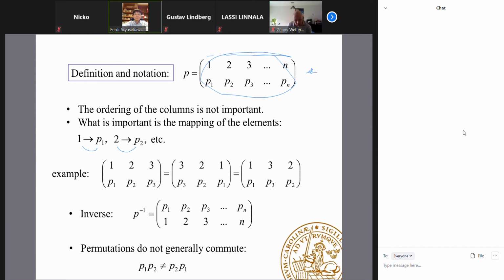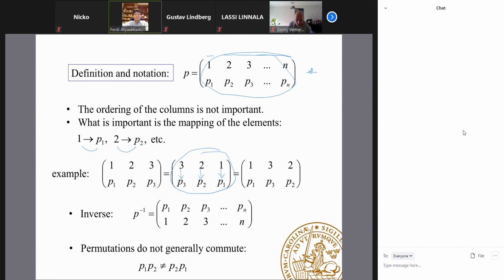Let's look at an example with 3 objects. Then this is the same as this one here, as long as we keep the mapping: 3 to P3, 2 to P2, and 1 to P1. So the ordering of the columns is not important. It's kind of clear.